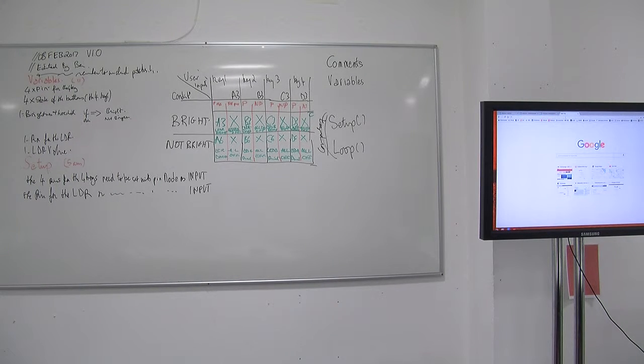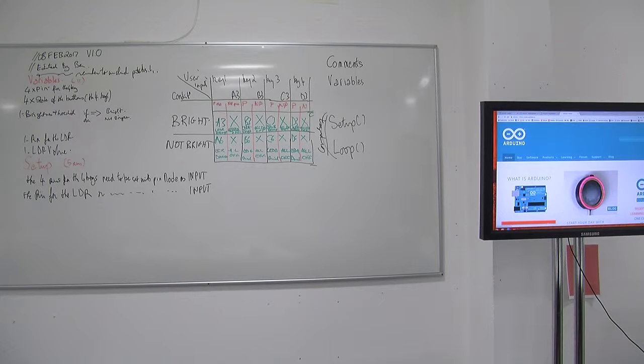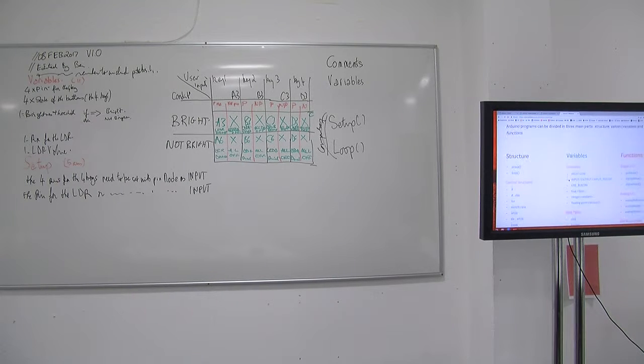So we go to the Arduino website, and in this website, we go to the reference, and we see the reference for tone. How does it work? Essentially, this is how it works.